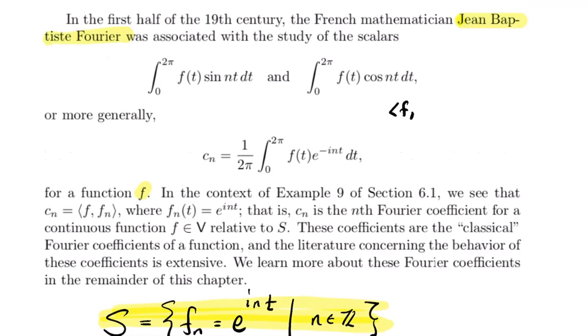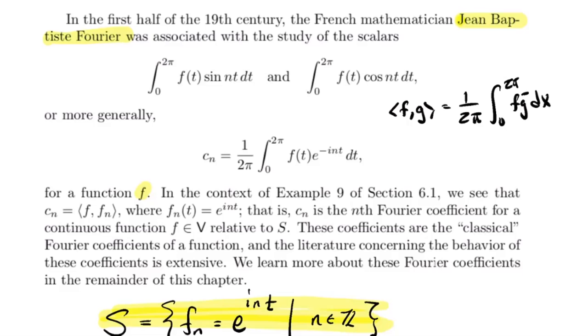The inner product I'm talking about is on the space of continuous complex valued functions on the interval from 0 to 2 pi. The inner product is, whoops, I forgot my normalizing coefficient, 1 over 2 pi times the integral from 0 to 2 pi of f times g bar, dt or dx, whatever you want to call it.